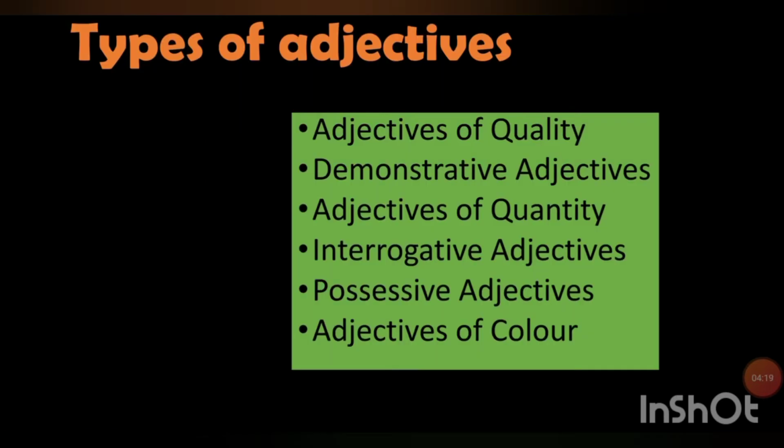Okay? Now, today's lesson, we're going to learn about the types of adjectives. So here we have adjectives of quality, demonstrative adjectives, adjectives of quantity, interrogative adjectives, possessive adjectives, adjectives of color.